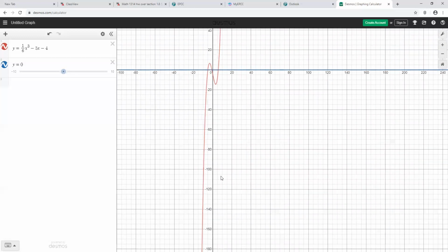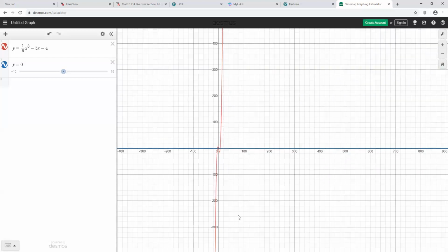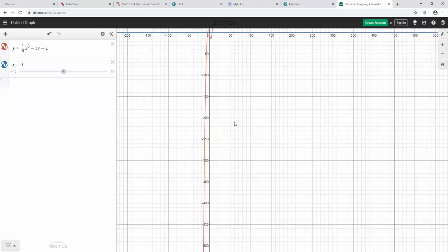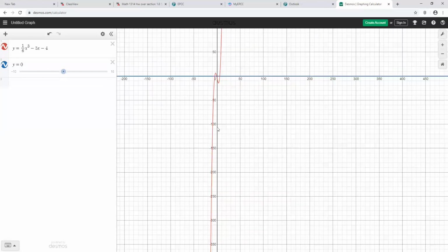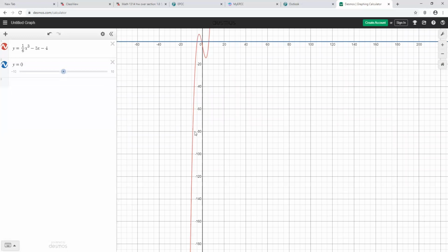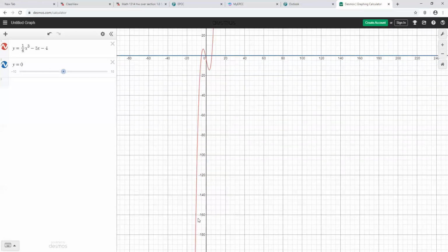Does that make sense? It's kind of hard to tell here, but it all depends on the perspective. I hope this just keeps moving over this way, slowly, but it does. So eventually it will, at negative 60, we'll just have to wait.